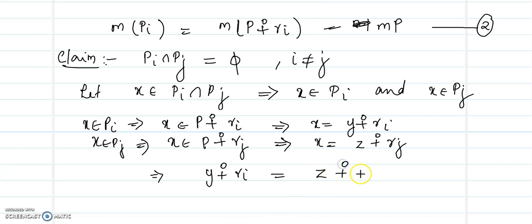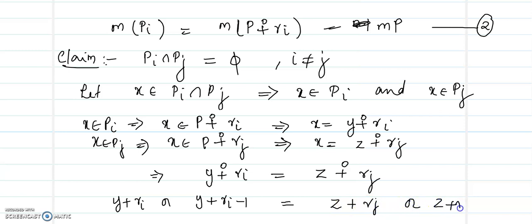Now, the definition of sum modulo 1 that we defined is: if the sum is less than 1, it will be y plus Ri; if greater than or equal to 1, it will be y plus Ri minus 1. So this will be equal to z plus Rj, or z plus Rj minus 1 on the right side. That is how we have defined sum modulo 1.